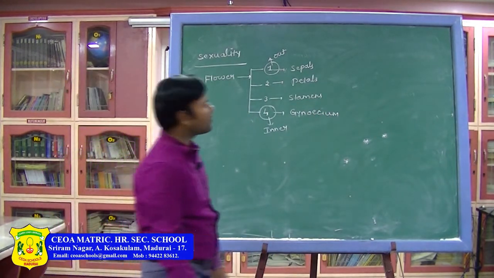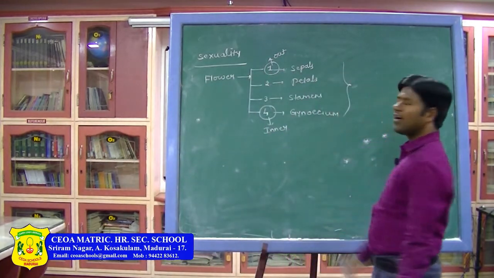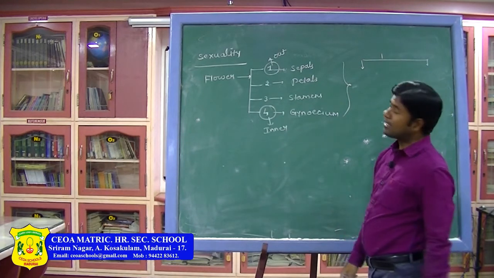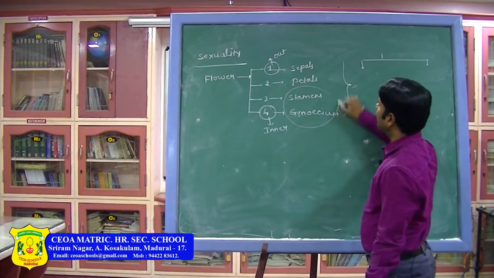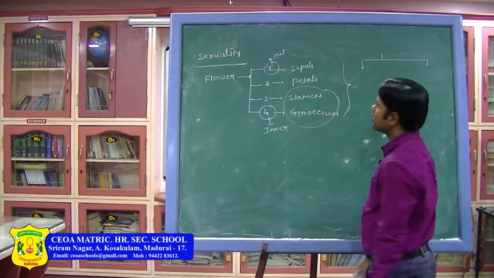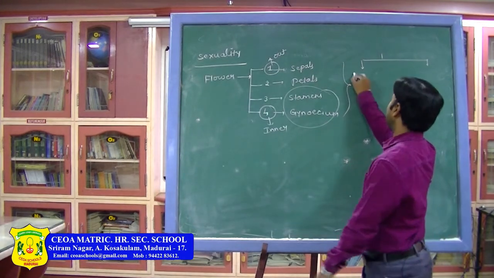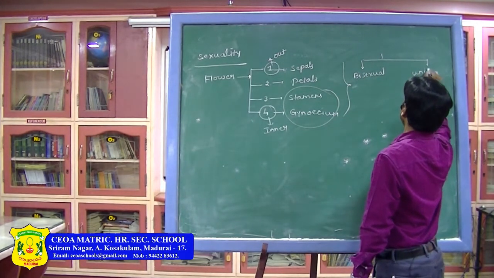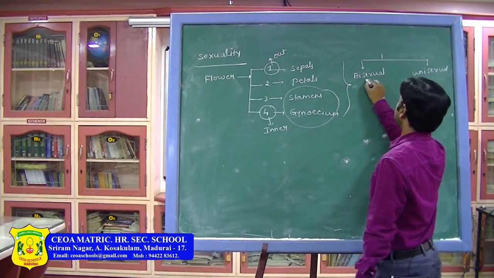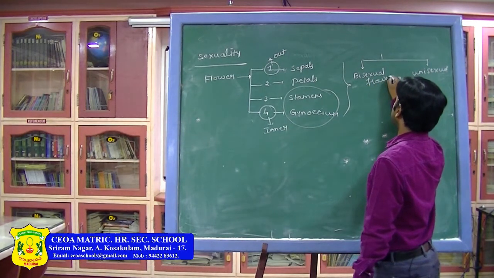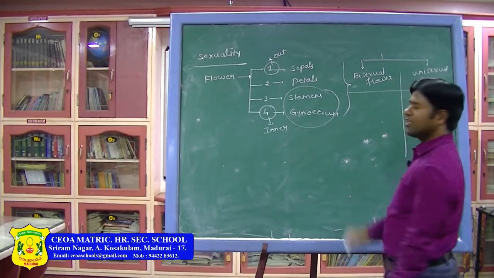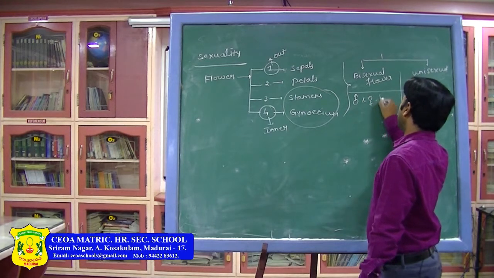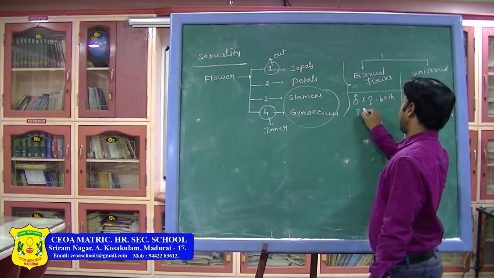Based on the presence of the male and female reproductive parts, flowers are divided into two types. One is bisexual flower, another one is unisexual flower. Bisexual flower means in a single flower, both male and female sexual parts are present.